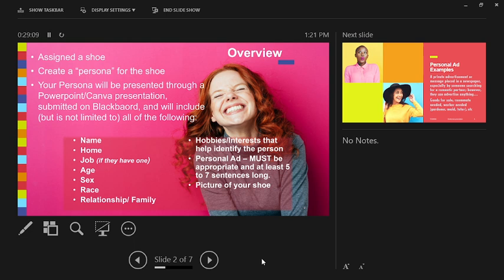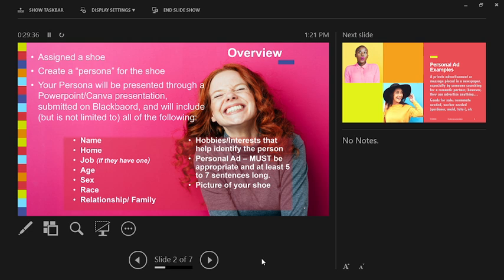Okay. All the things that you're going to identify with your character, they're all listed on here. Their home, like where they live, their name, their job, if they have one. I don't know. Maybe your character's or persona's a hobo. Their age, their sex, like their gender, their race, the relationship or family ties they have, hobbies, interests that help identify the person.